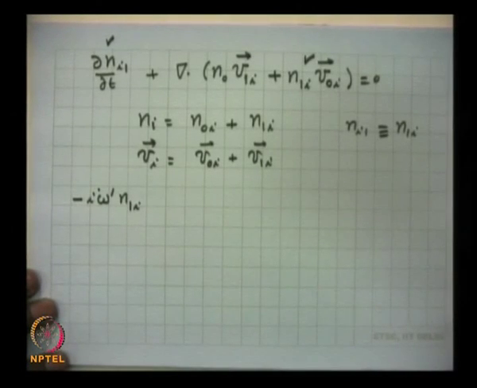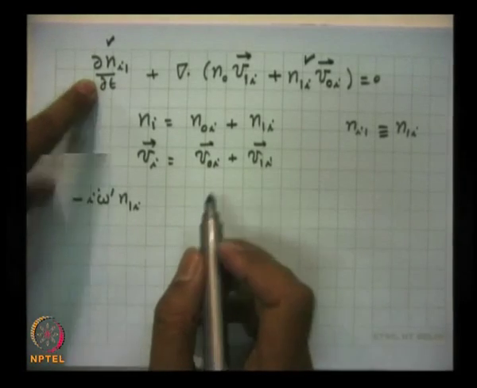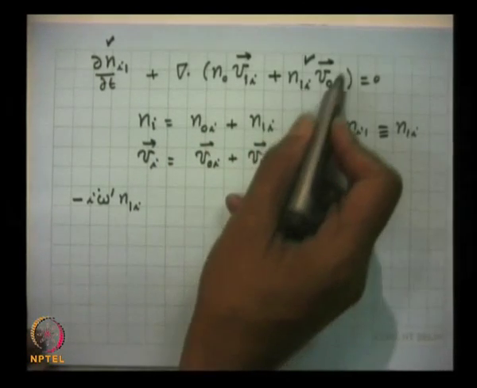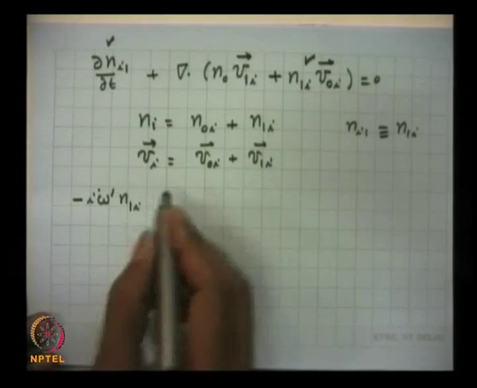This means replace this by minus i omega, and this del operator operating over this term by ik, and you will get simply omega prime.